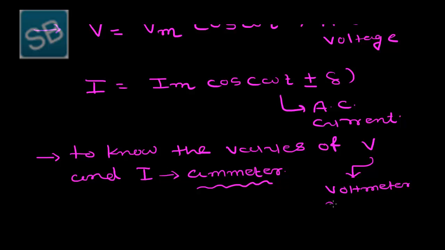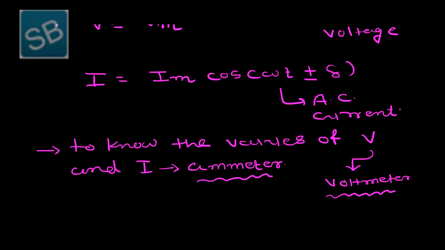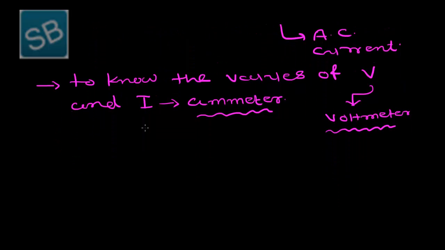So these are the actual instruments to find out the value of voltage and current in the circuit, but it is not possible to measure voltage or current directly in conditions like the AC circuit.